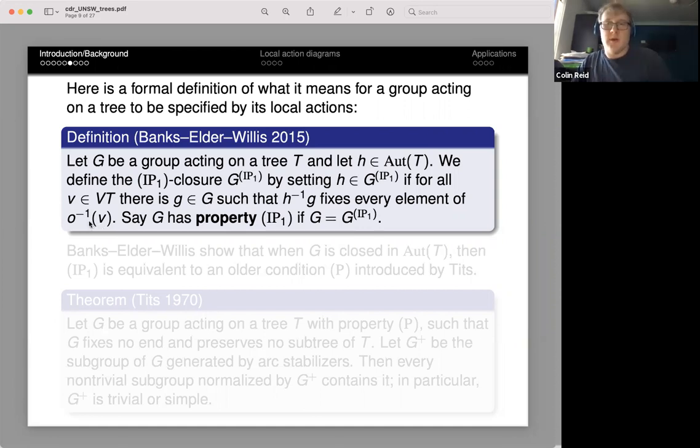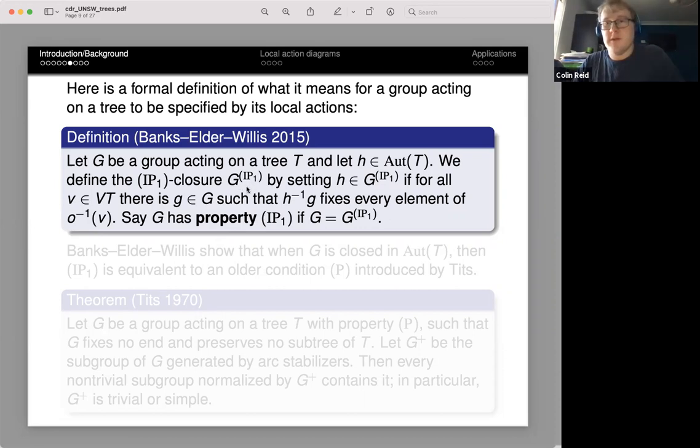So in other words, h is an element of the IP1 closure if for every vertex there's some element of G that acts the same on the neighbors of that vertex, on the arcs coming out of that vertex. But it could be different for different vertices, you could choose different elements of G.